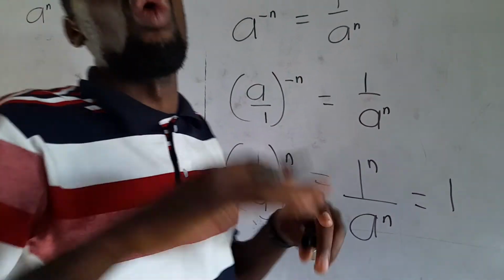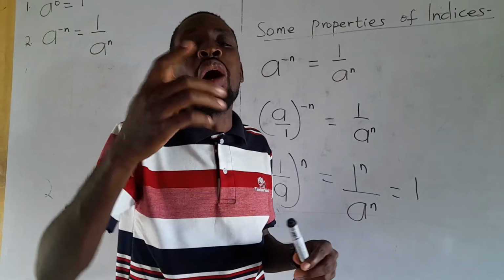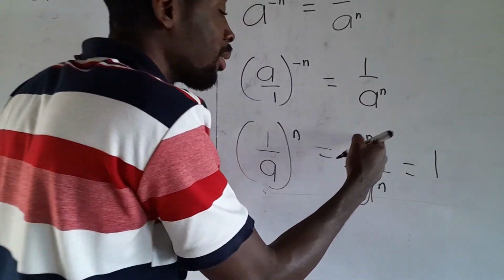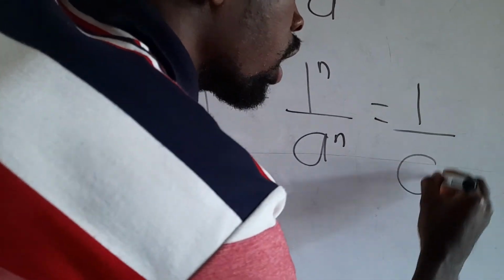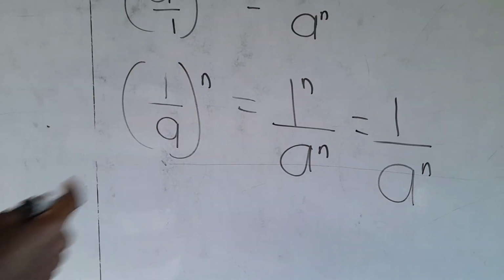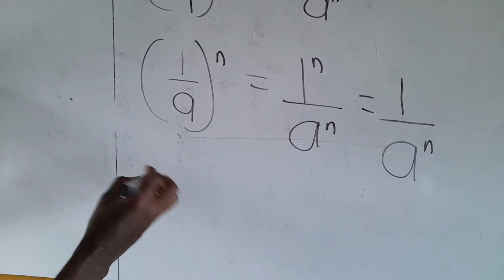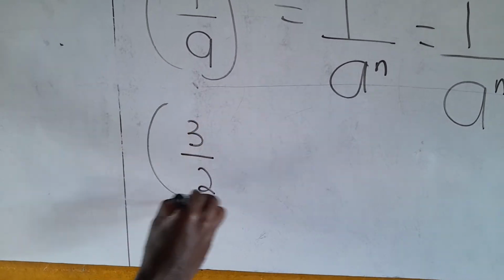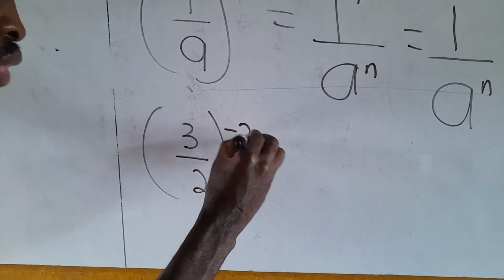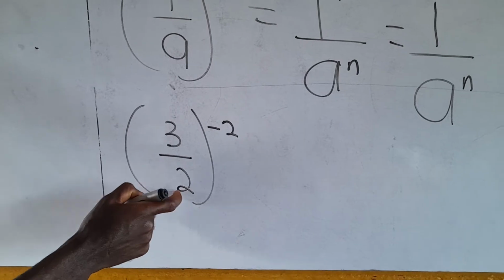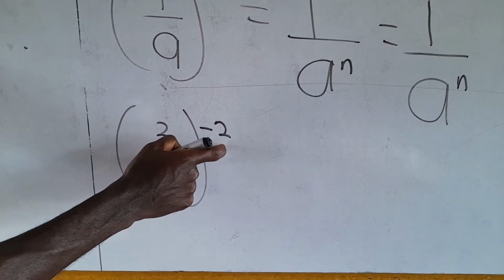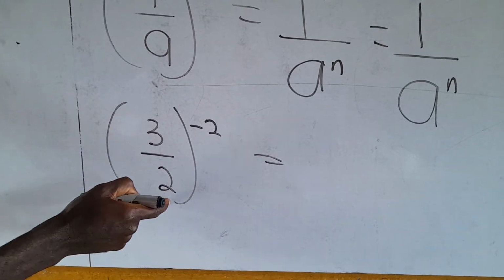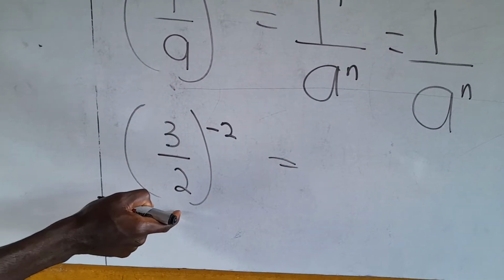So 1 exponent 1 million is 1, which means 1 multiplying itself 1 million times is the same as 1. So 1 exponent n over a exponent n is 1 all over a exponent n. What is the implication? If I have 3 over 2 exponent negative 2, I can rewrite this with a positive exponent, as the denominator becomes the numerator and the numerator becomes the denominator.